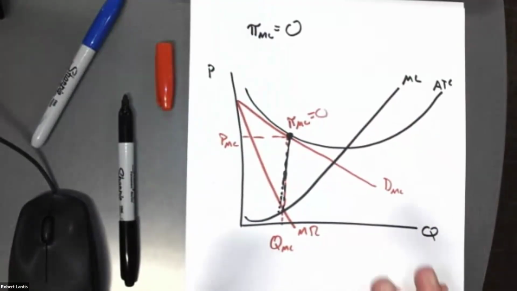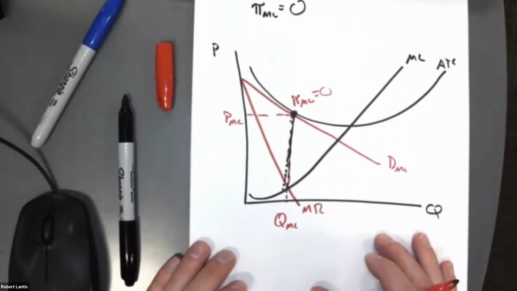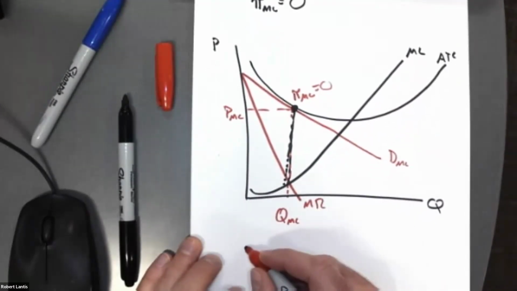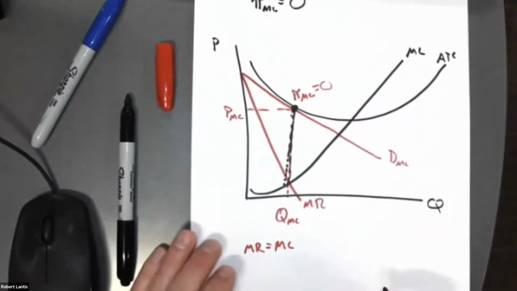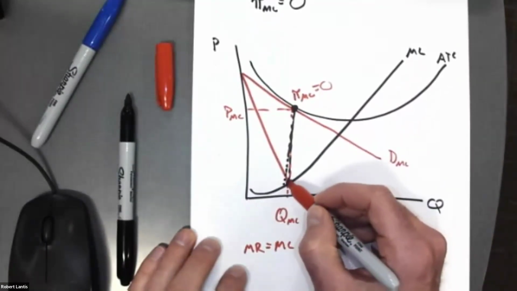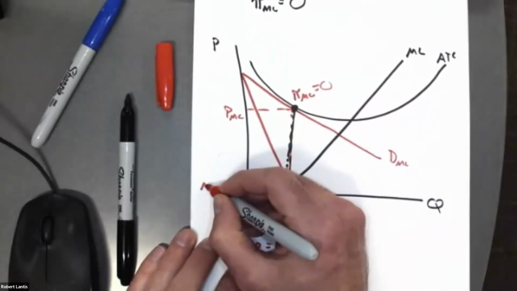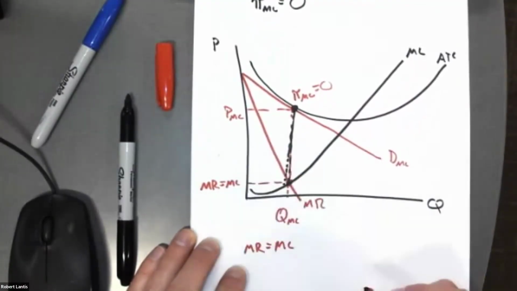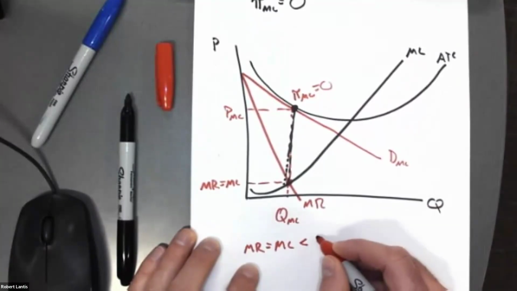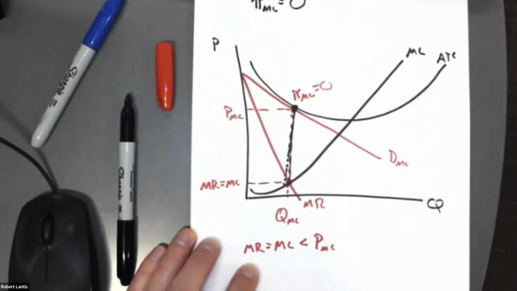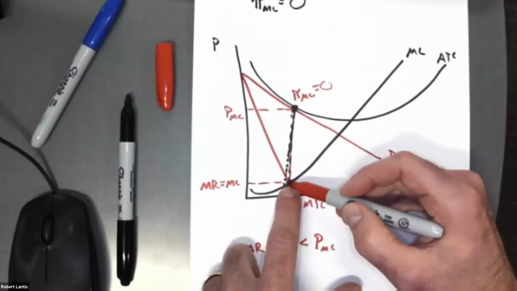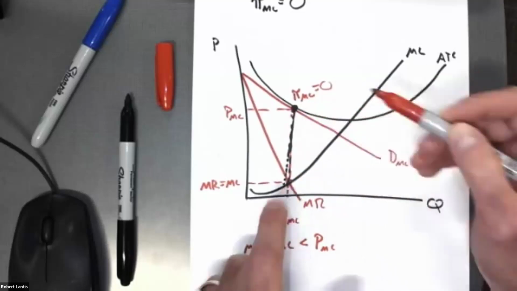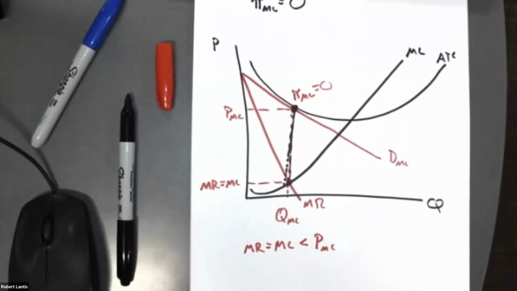So what'll be true at this point? Marginal revenue will be equal to marginal cost, right? That's how we choose that quantity. However, both of those, the marginal revenue and the marginal cost of the firm, are going to be less than the price that the monopolistically competitive firm chooses, because marginal revenue is twice as steep, and we set the price by going up to that demand curve.